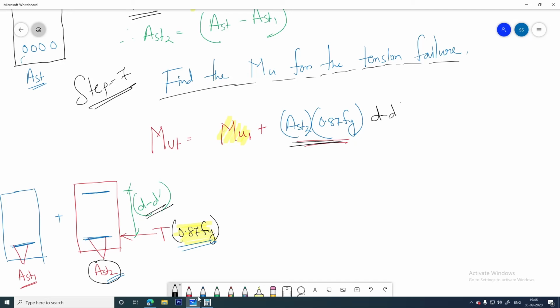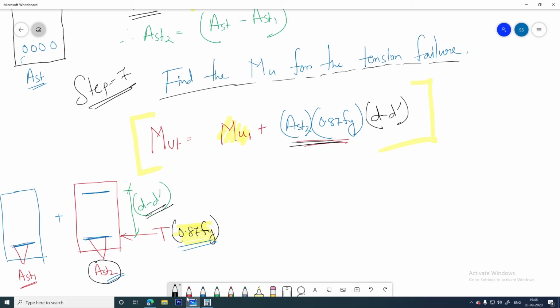So this total thing will give you the MU2, the total moment at tension failure. Yes, so this one is the total thing to determine the total moment for the tension failure.